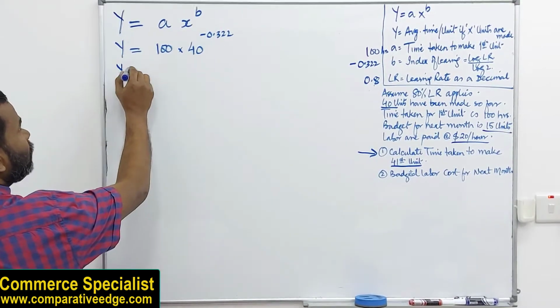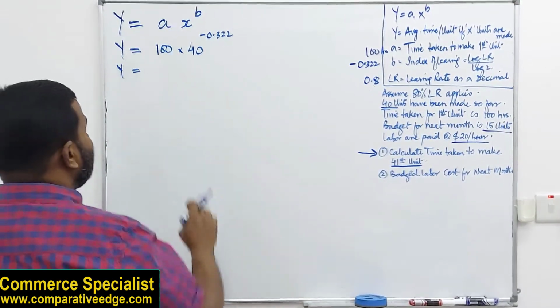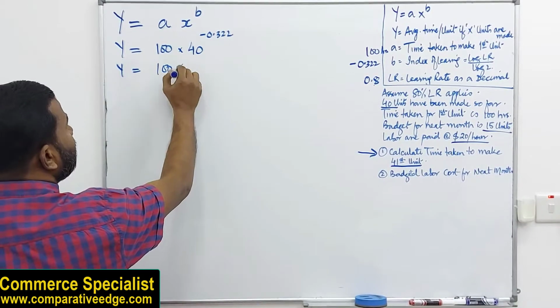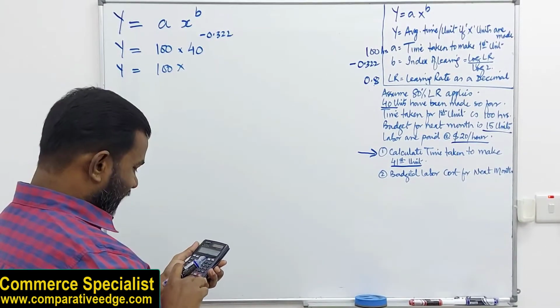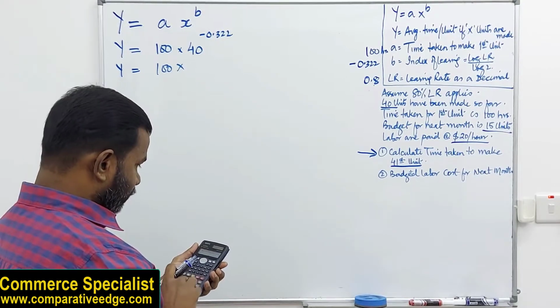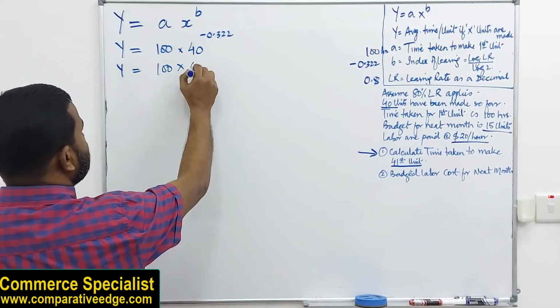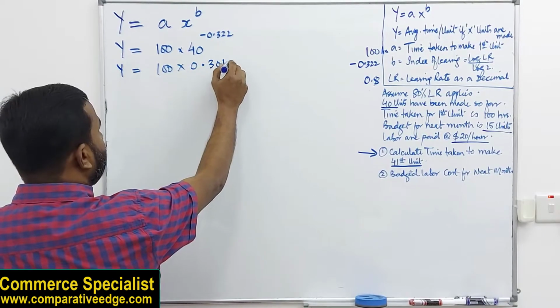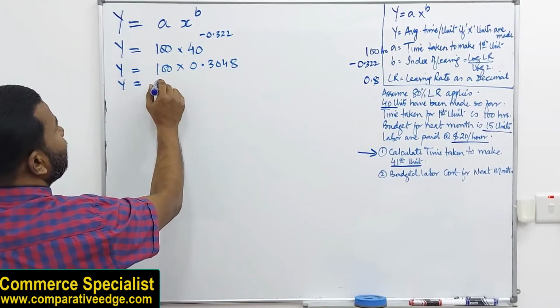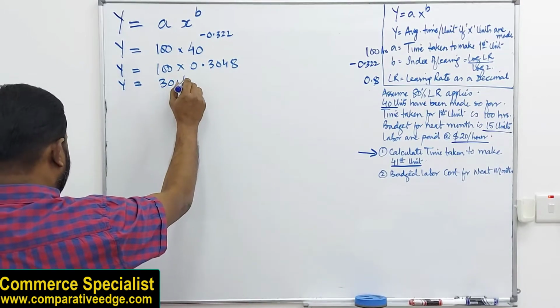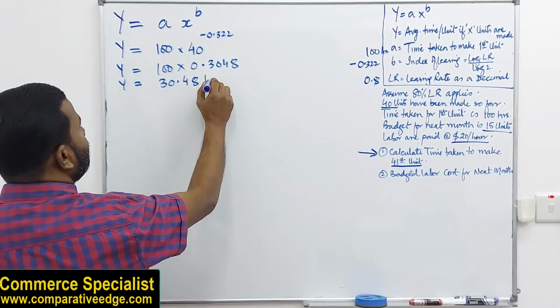So when I solve this, you will understand what I am getting the answer as. This is 100 into 40 to the power minus 0.322, which will give me 0.3048. So when I multiply this, I get 30.48 hours.